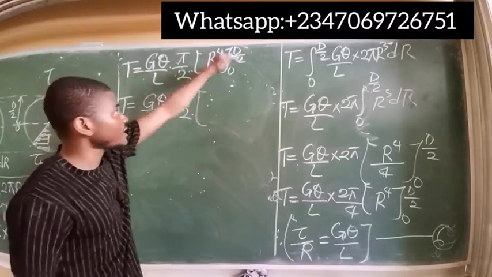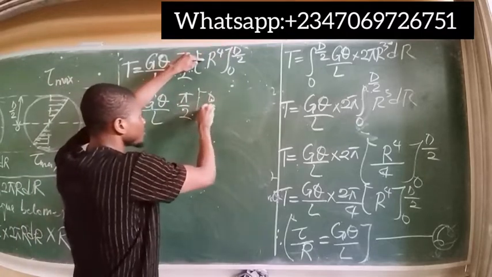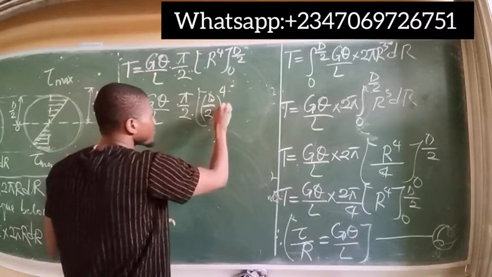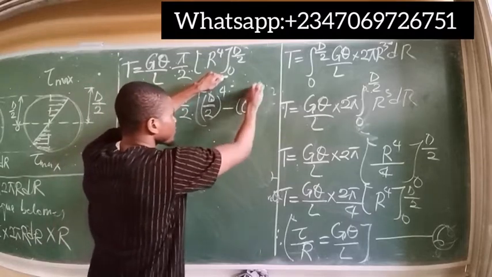So put in the limit. Upper limit comes first, and the upper limit is d over 2. In place of r here, we'll have d all over 2, but r here is to the power of 4, so all to the power of 4, minus the lower limit. Lower limit is 0, so it becomes 0 to the power of 4.